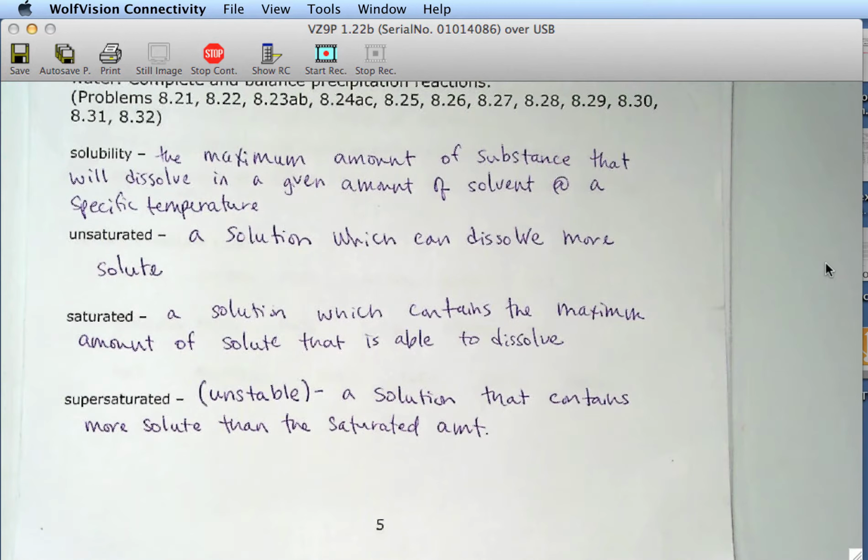I say it's unstable because it won't stay dissolved. Eventually it will crash out, right? It will come out of solution.